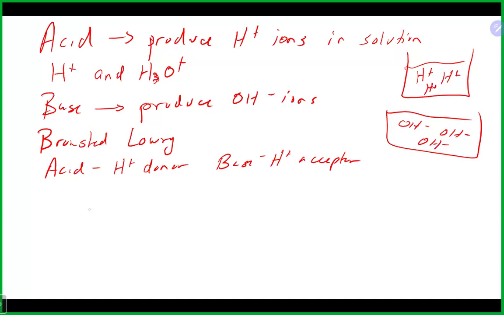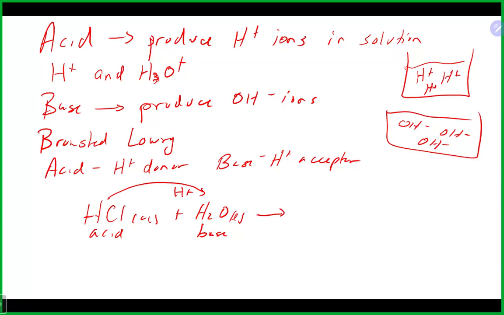So if you did have something like HCl dissolving in water, here, this is going to be our acid. This is going to be our base. So the acid is going to send the H+ over. And the result of this, as we talked about, is we will form some partners on the other side of the arrow. And these are the partners.